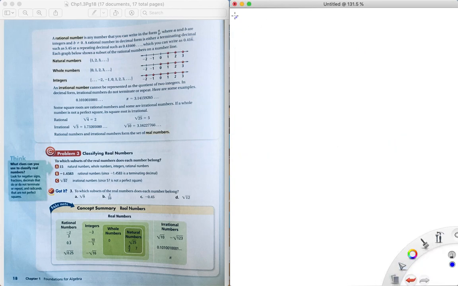Whole numbers: 0, 1, 2, and so on. Same thing as natural numbers, positive, no fractions or decimals.